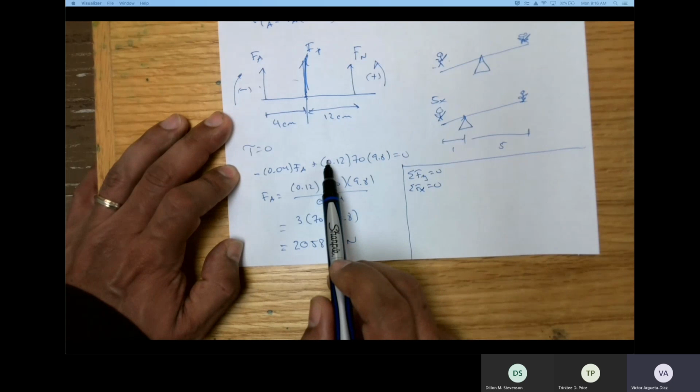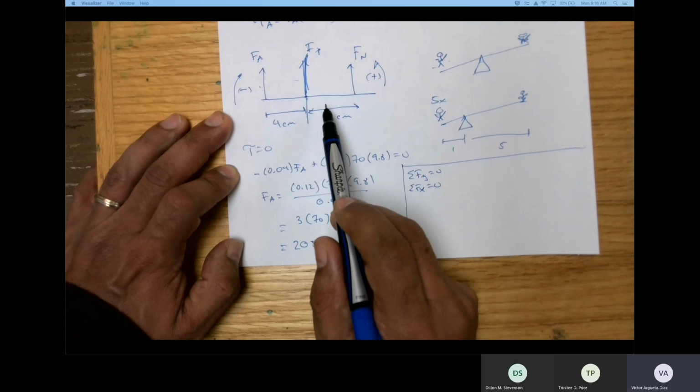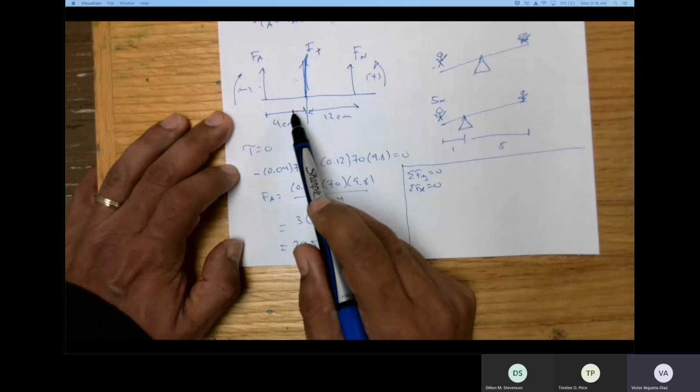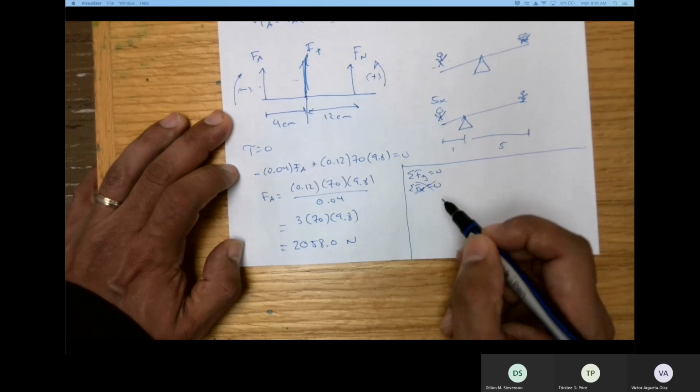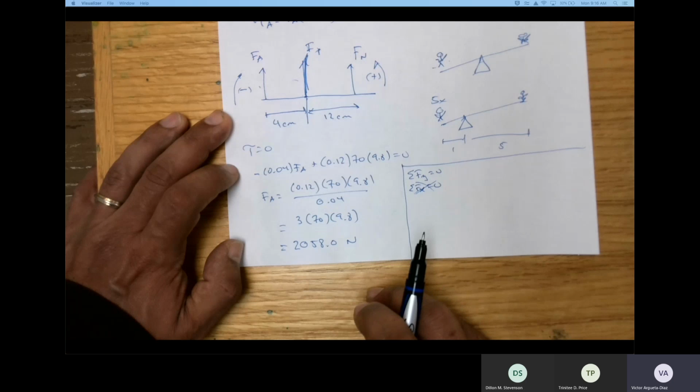These forces don't have any x component. All of them are completely vertical. So we're only going to have the y component, and we're not going to use the x equation.